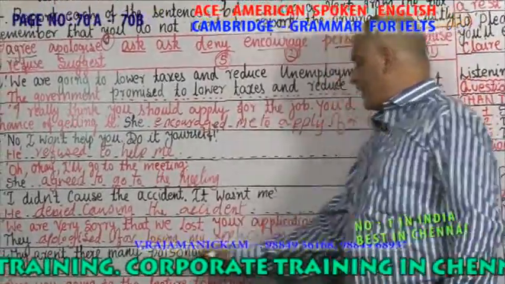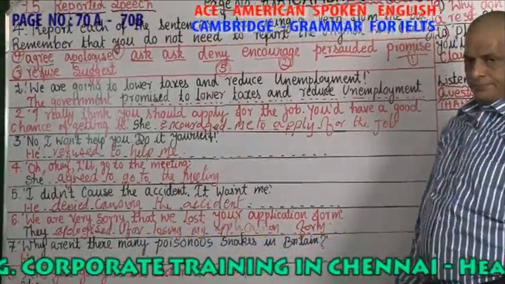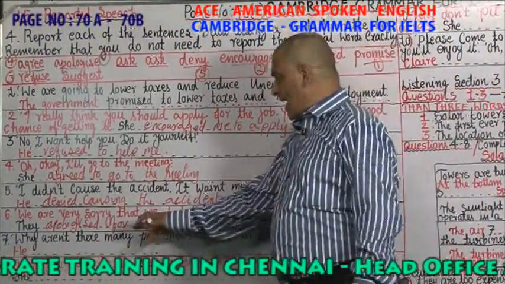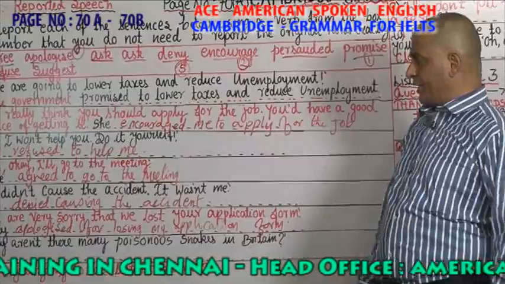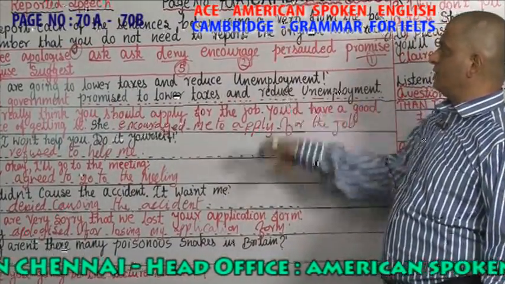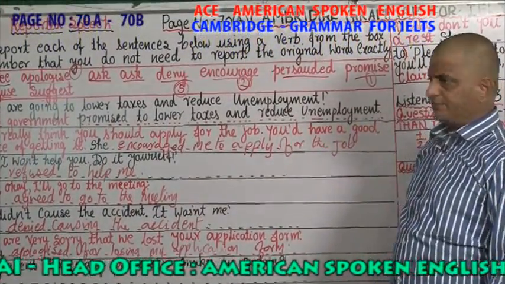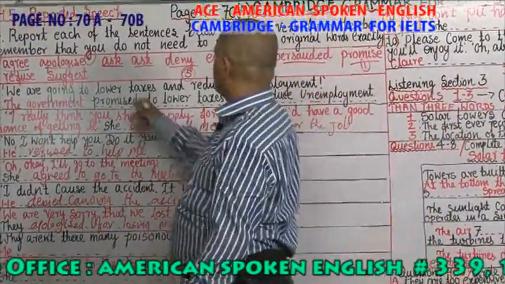Why aren't there many poisonous snakes in Britain? So he, use the reported verb he. Seventh one.